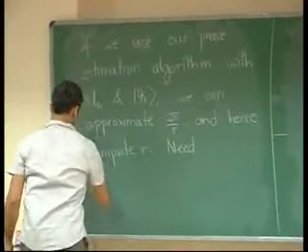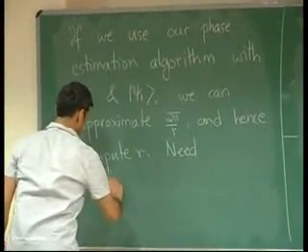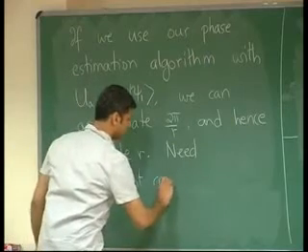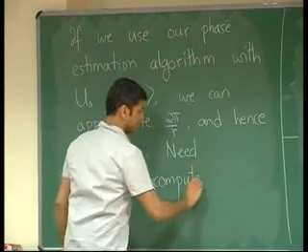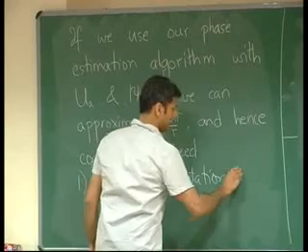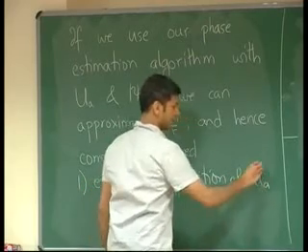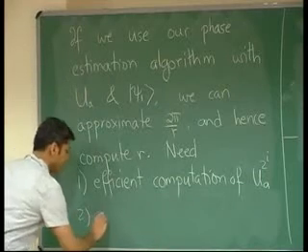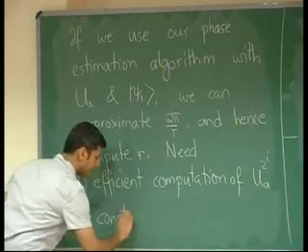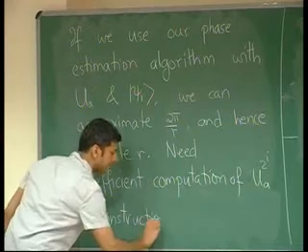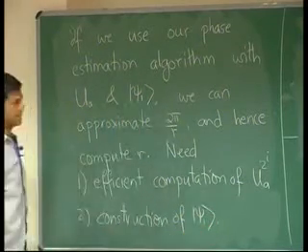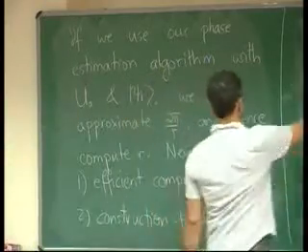So we need one, an efficient computation of U sub A raised to 2 to the i, and two, a construction of C1. So let's look at the first one here.